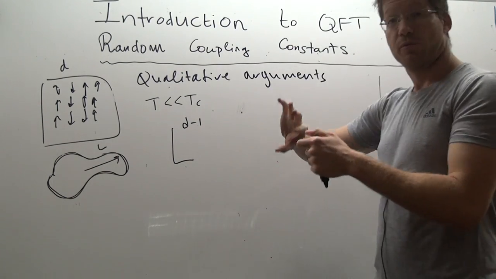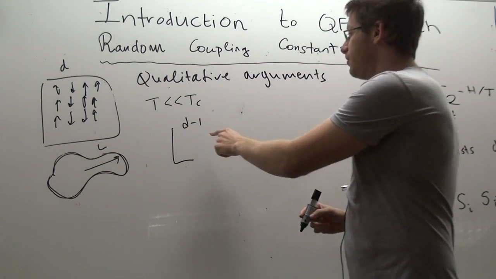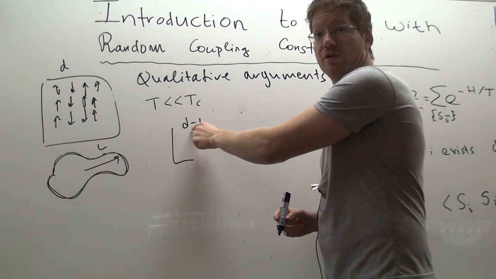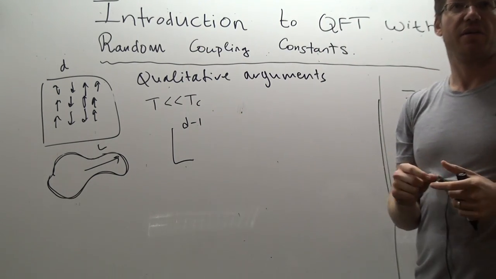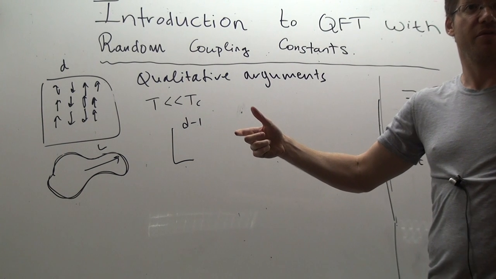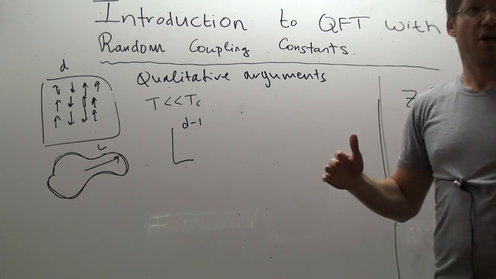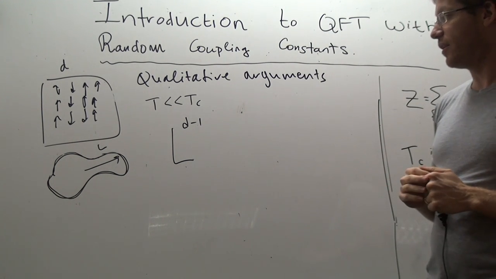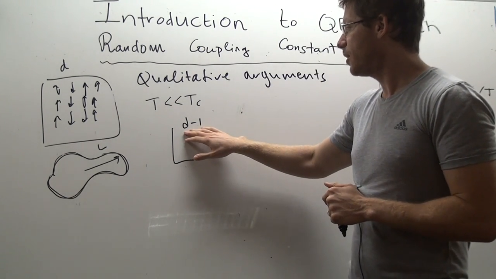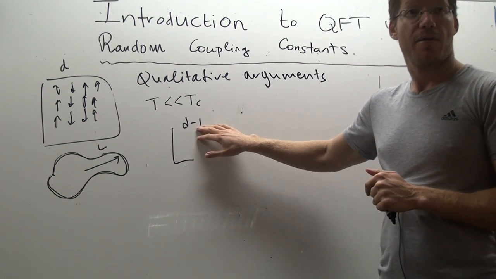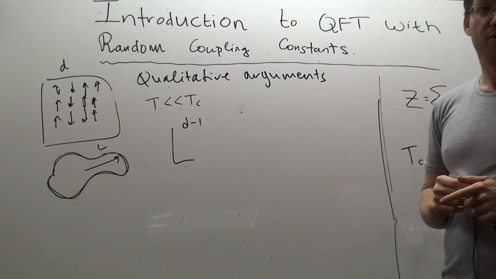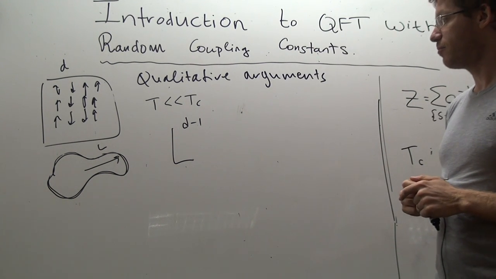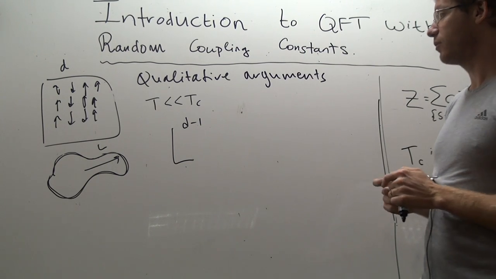This is why there is no phase transition in 1 dimension in the usual story of the Ising model, because it just costs a finite amount of energy that doesn't grow with L, and that leads to the washing out of the ordered phase. So there is no ordered phase at d equals 1, but above d equals 1, there is an ordered phase because it costs an ever-increasing energy to flip spins in a big part of the sample, in a large part of the sample.